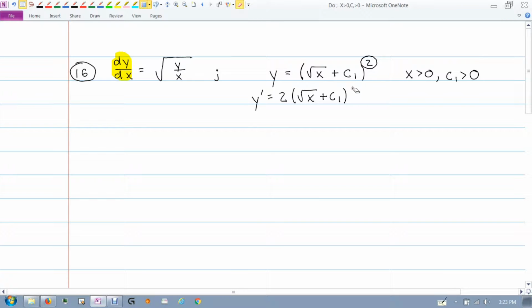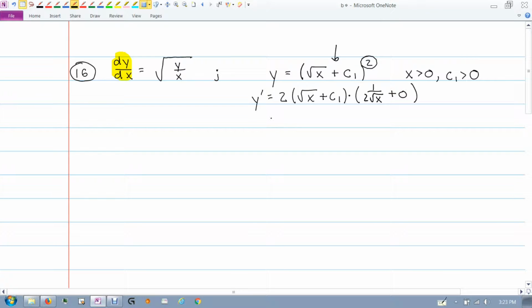Now I don't need to write the first power, but I'm just pointing out that's what happens when we take a derivative. And then we need to multiply times the derivative of what's inside here. The derivative of what's inside with respect to x, the derivative of the square root of x is 1 over 2 root x, and the derivative of a constant is 0. So that's the derivative of what's in here.